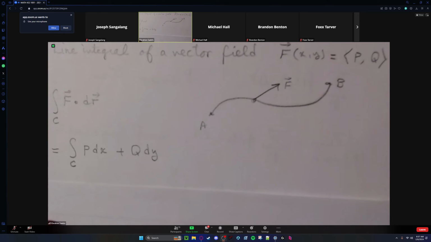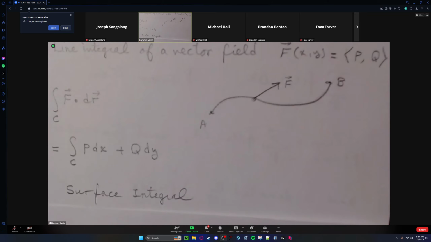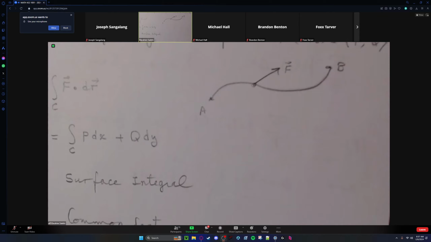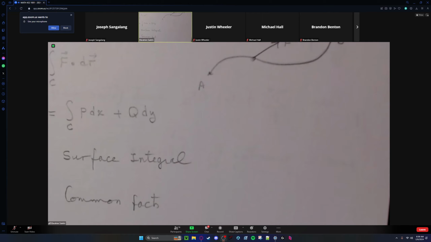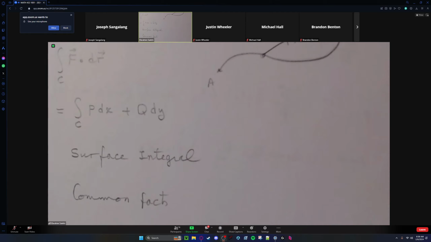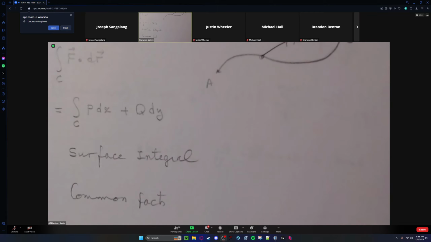Well, there are, of course, other types of integration, surface integral, and but the common fact, when you look at all these different types of integrations, is that you have a function and you have either an interval or a curve or a solid or a part of plane, and you want to integrate over those.